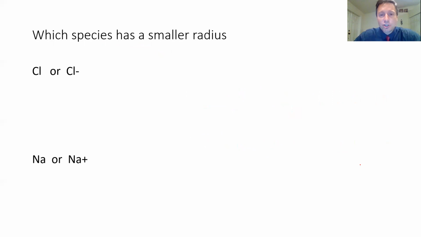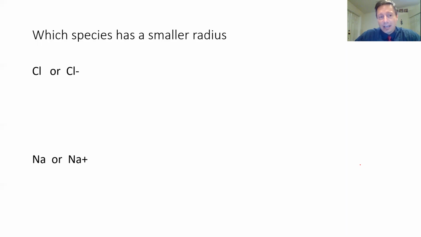Which species has a smaller radius? So this comes back to periodic trends. So looking at our periodic table, we have chlorine, and we have chlorine with a 1- charge. So we have the neutral chlorine and the anion chloride. So remember the trends in justifying this.